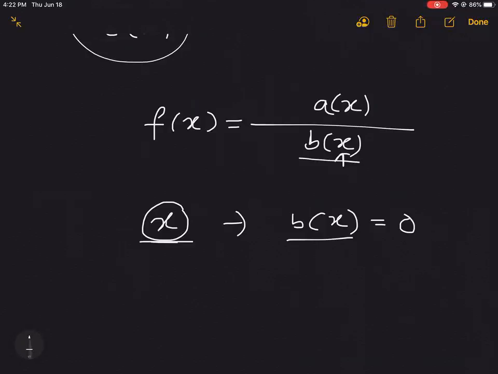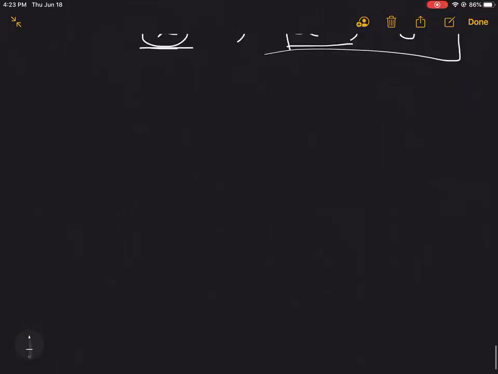So we'll exclude those values for which the denominator becomes 0. And apart from those, everything else is our domain. Okay, so let's quickly try one or two examples. I'll try one first, and then I'll give one to practice, and then you can give me the idea. Okay.